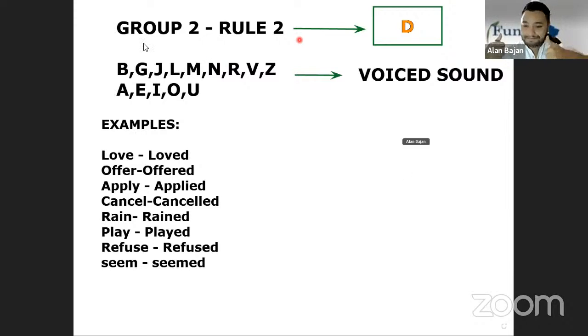Are we good? Are we understanding how to identify the group of verbs? So no more canceled. Teacher, yesterday I went with the missionaries and they canceled the date. They canceled.